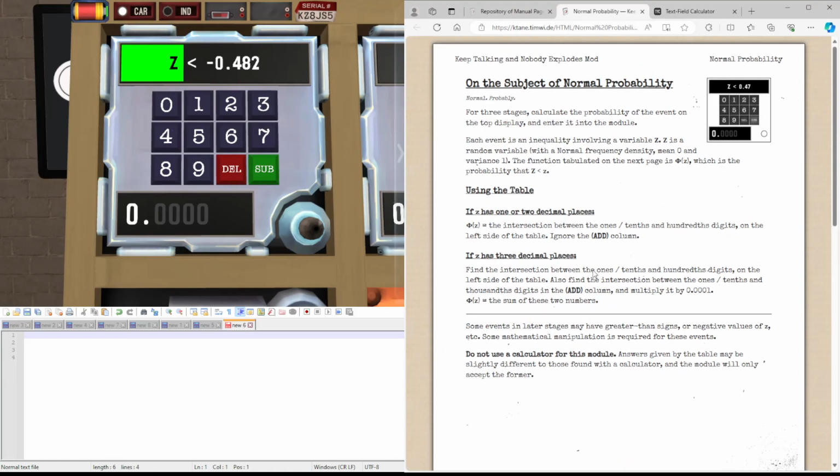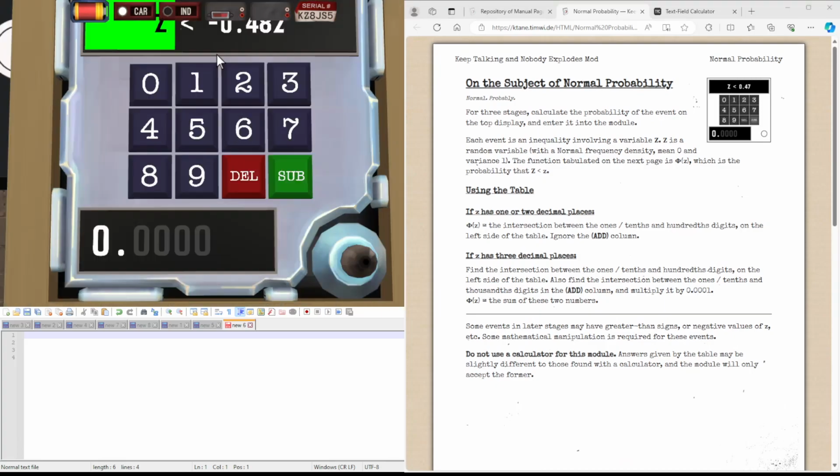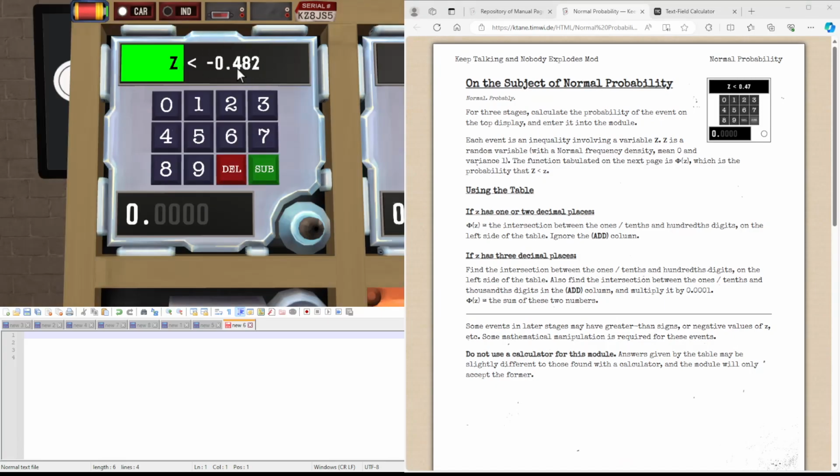Up next we have this. So this is where we get a negative number, but we still have a less than here. So this will require some manipulation to figure out how to solve this. So Z being less than negative 0.482, if you see the graph, it's symmetrical around 0.